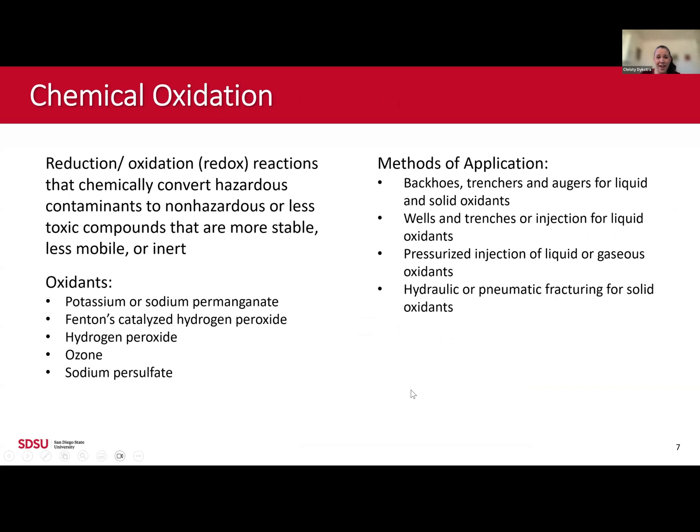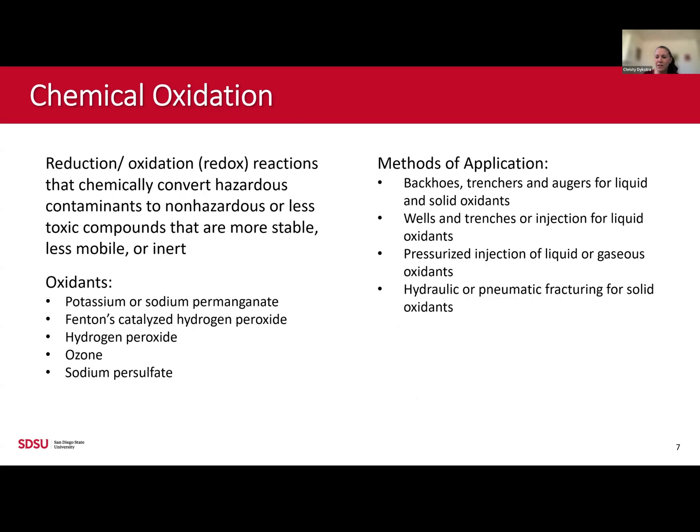All right, so next up, we're going to talk about chemical oxidation. So this is redox reactions. It can be reduction or oxidation, but very commonly oxidation that is used to convert hazardous contaminants into less hazardous or non-hazardous types of contaminants that are more stable, less mobile, or inert.